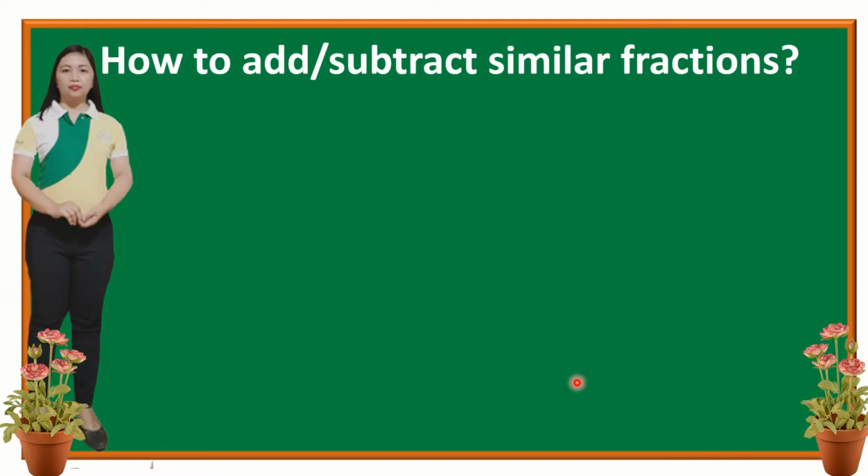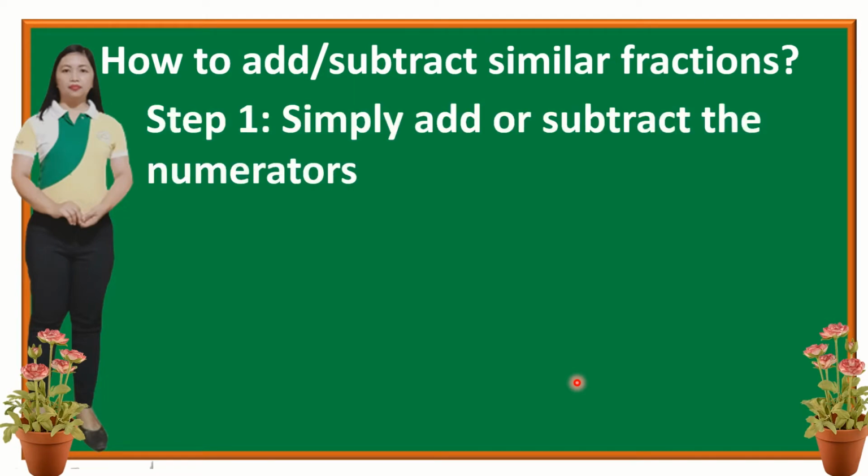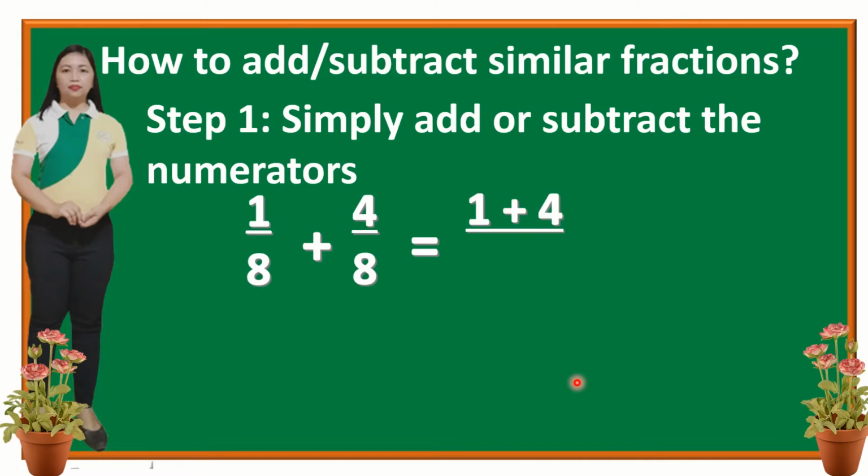Okay. How do we add or subtract similar fractions? Step 1. Simply add or subtract the numerators. Like this one, 1/8 plus 4/8 equals 1 plus 4 equals 5. So 5 is our numerator.